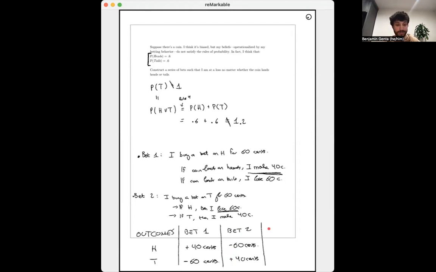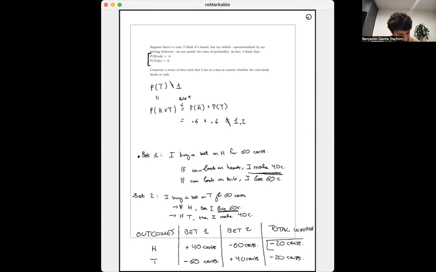But the weird thing is if we take them together. So the total winnings, if it lands heads, well, it's plus 40 cents minus 60 cents. So it's minus 20 cents. And if it's tails, I lose 60 cents and I win 40 cents from bet 2. And so it's minus 20 cents.